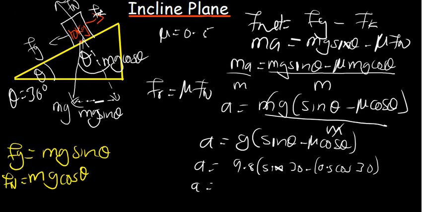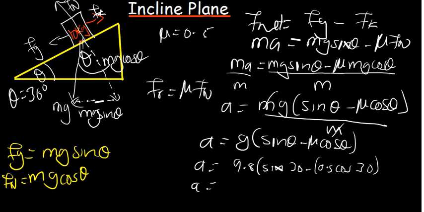Okay, so our acceleration is going to be sin 30 minus 0.5 cos 30.